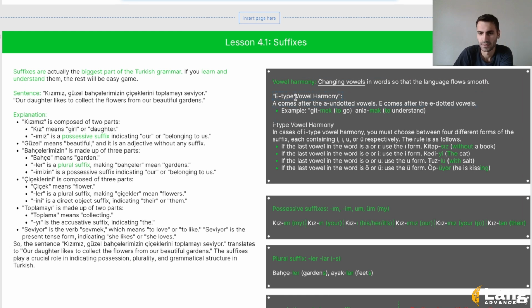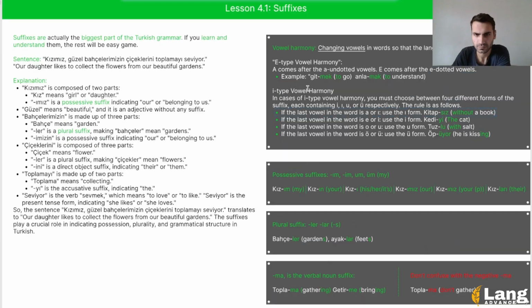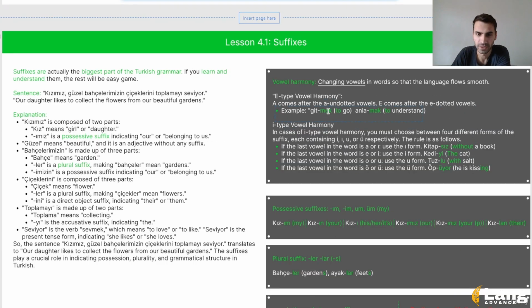Of course. There are two types of vowel harmony that we saw. One is A type. A comes after the A and undotted vowels. And E comes after the E and dotted vowels. How we told, for example, gitmek, yes. Anlamak, gitmek, gelmek.